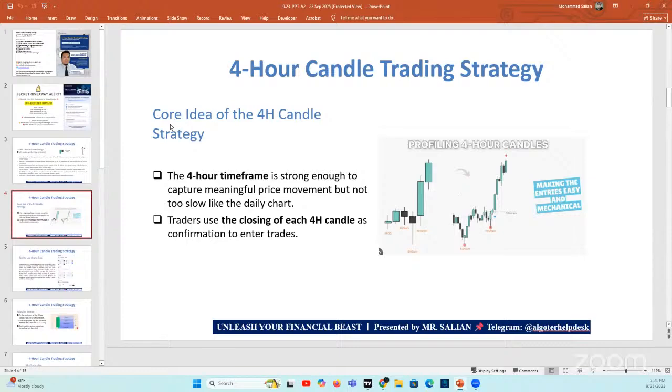And that's why I said, well, let's see this 4-hour candle strategy. Maybe there's something going on for me. And believe me, in just a matter of 5 minutes, I profited $1,000 already in that funded account. Now it's $26,000, from $20,000 to $26,000.